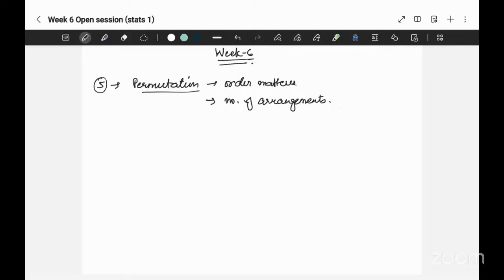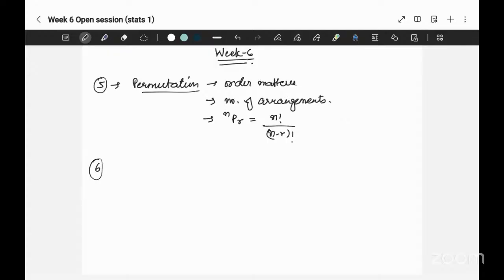And what is the formula for permutation? nPr, which equals n factorial divided by (n minus r) factorial. Fine. So this was all about permutation.